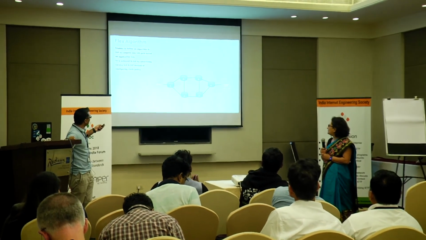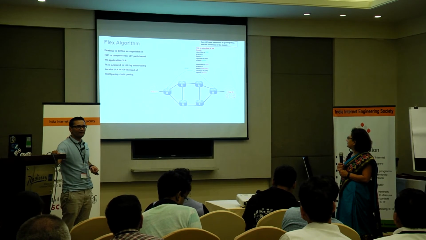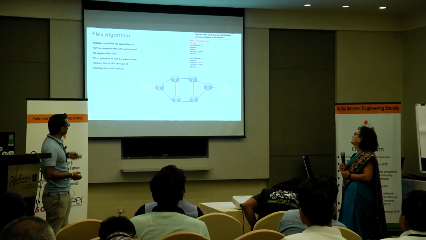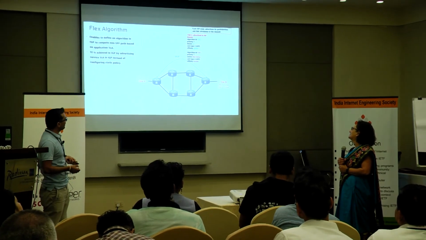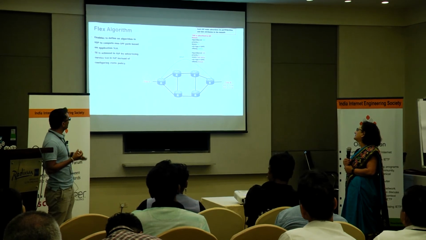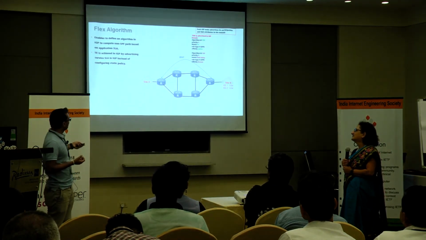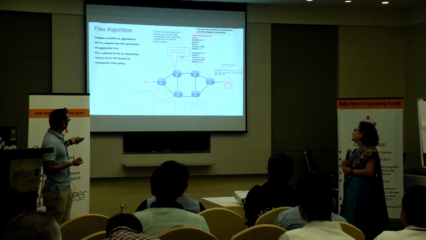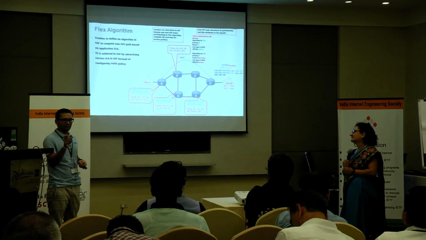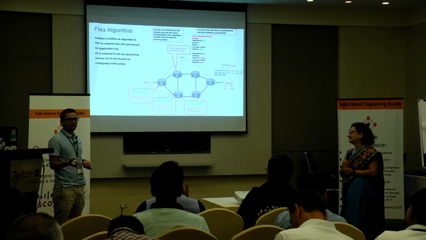Okay, this is what I wanted to show. Flexible algorithm. As of now, we are talking about having some policy configured on the source router. Now, what is happening is that the policy or the constraint is going over the network, and everyone knows about that particular policy or algorithm. Each node in the network works as the algorithm is defined, not like normal IGP wherein you go based on the least cost path.